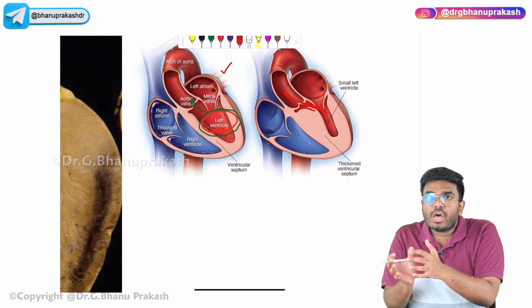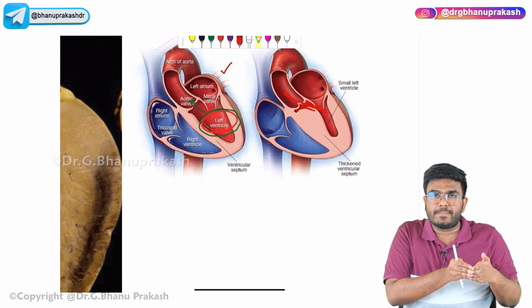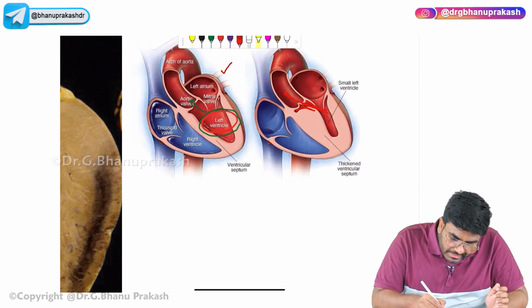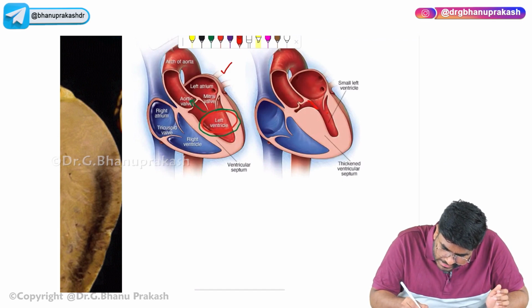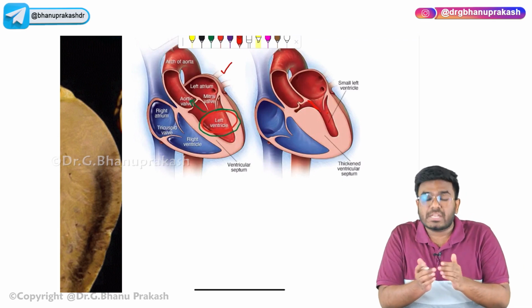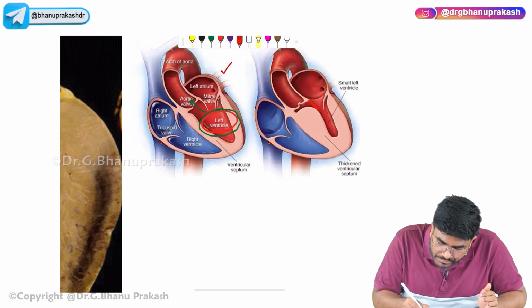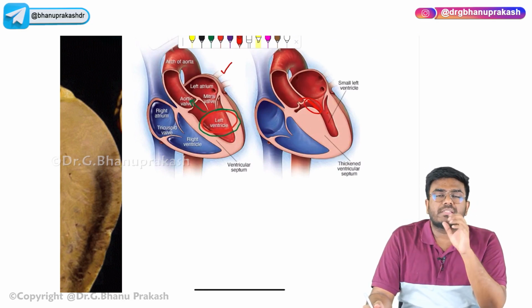This velocity will actually cause displacement of the mitral valve leaflet. Here this is the mitral valve leaflet, the anterior leaflet of the mitral valve. This high velocity will cause the displacement of this mitral valve. Let me give a small example.